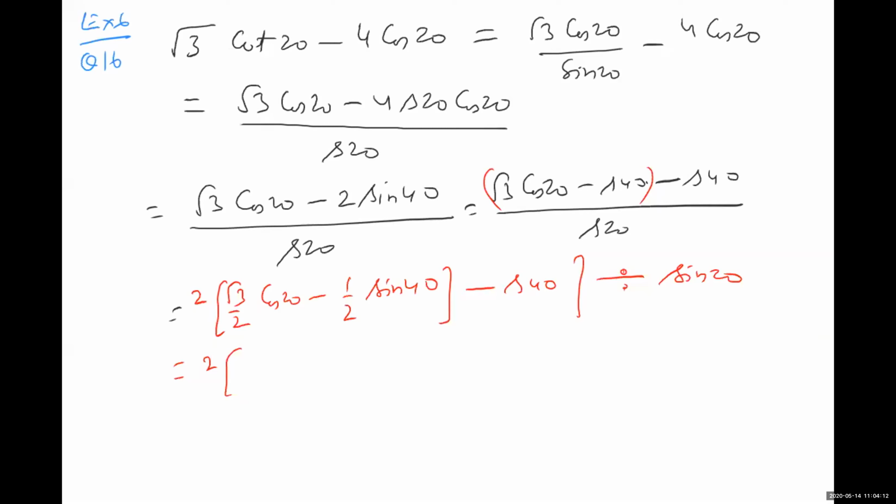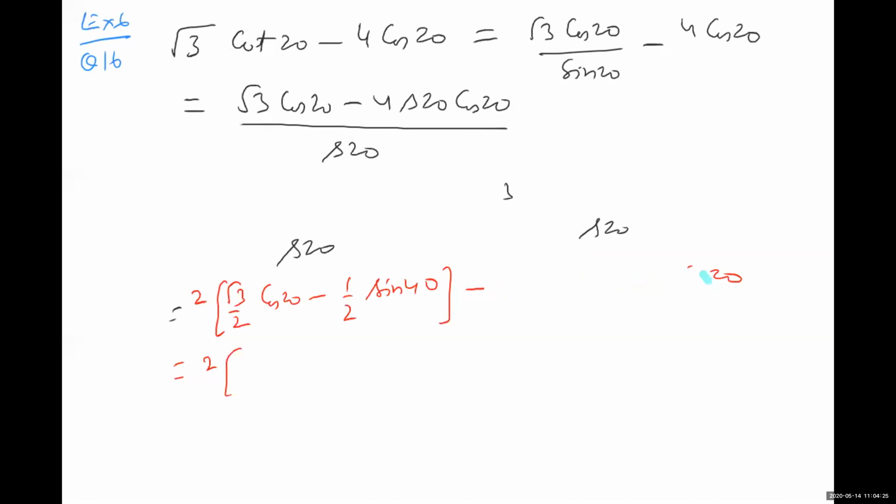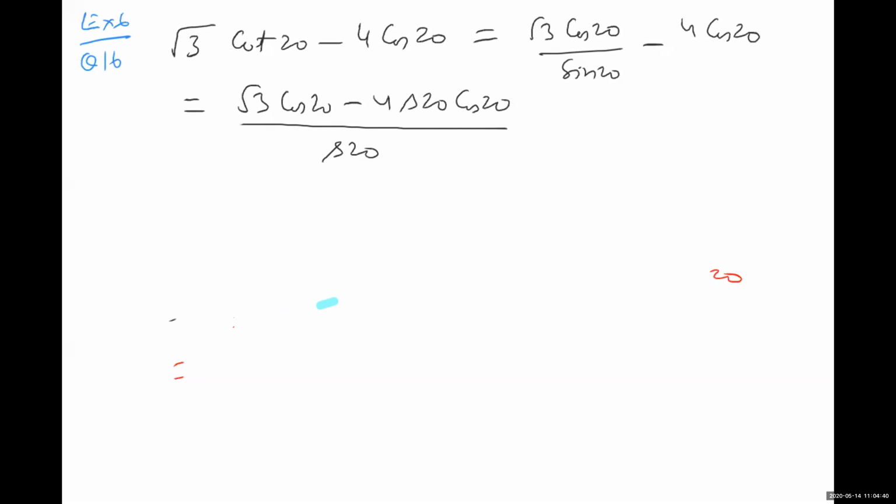So I will change this method slightly. Sine 40 must not be there, so from this step we will change. Dividing directly by 2 will not be good here. We have multiplied and divided by 2.